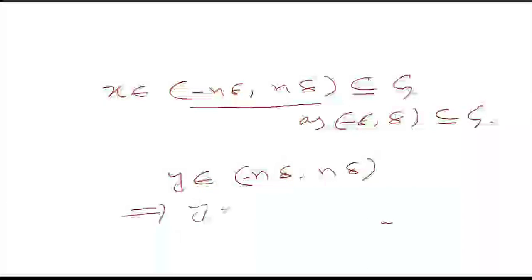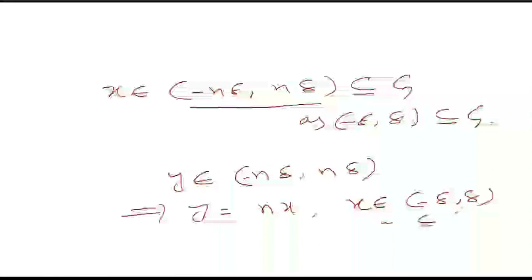Then y is equal to n times x, where x belongs to (minus delta, plus delta), which is a subset of G. So x belongs to G, which implies nx belongs to G, as x belongs to G. So any y in (minus n delta, plus n delta) is in G. That means this is a subset of G.